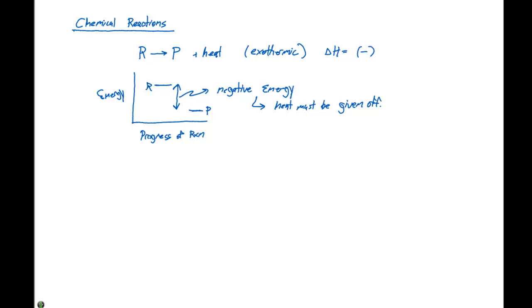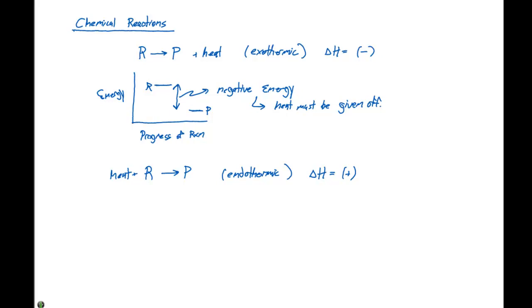On the flip side, if we said that we have our reactants going to products, and if heat is one of the reactants, we can say that our particular reaction is endothermic, which means that our delta H has to be positive.